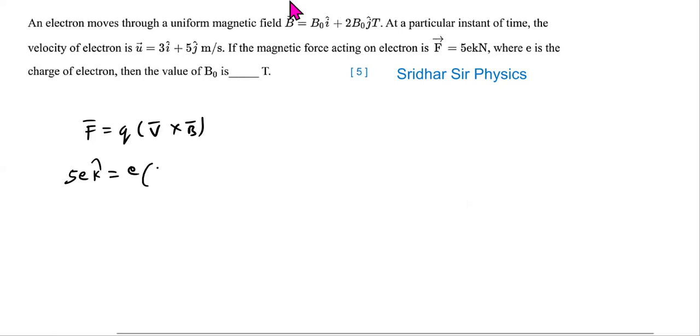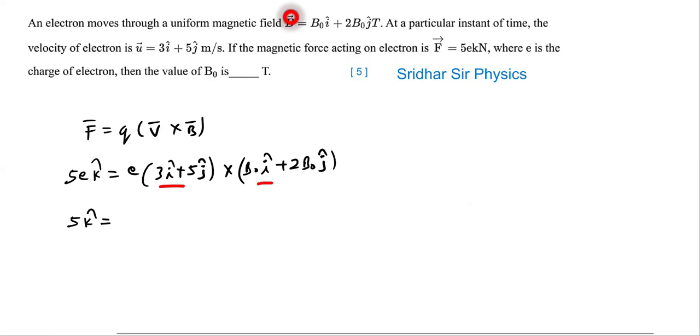Charge of electron e. Velocity vector 3 i cap plus 5 j cap, cross B naught i cap plus 2 B naught j cap. We get k cap. I cross I will be 0. I cross j will be k.